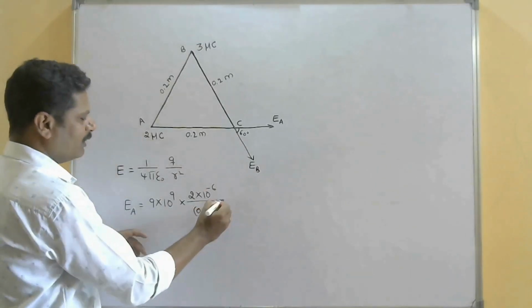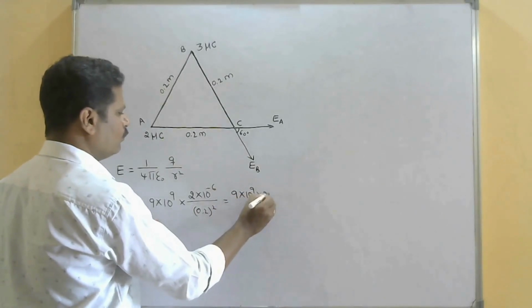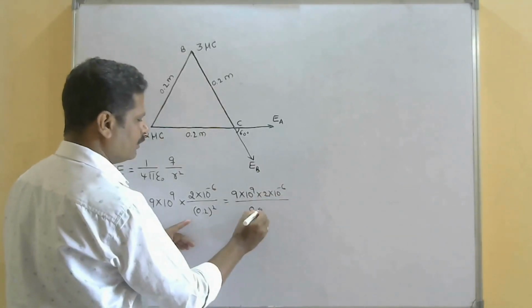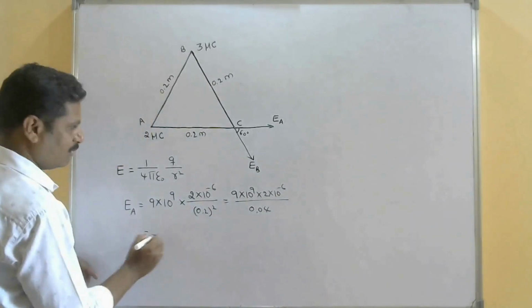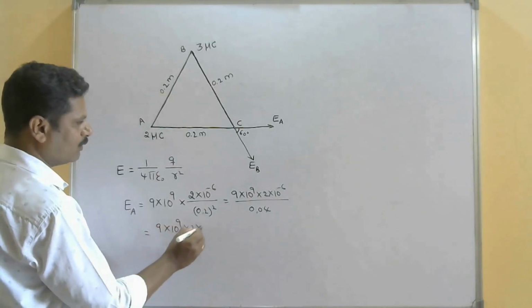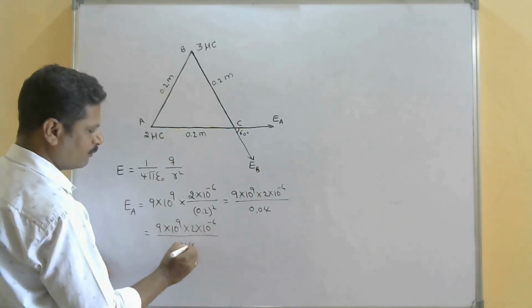Now simplifying, we get 9 times 10 raised to 9 into 2 times 10 raised to minus 6 divided by 0.04. This can be written as 9 times 10 raised to 9 times 2 into 10 raised to minus 6 divided by 4 times 10 raised to minus 2.